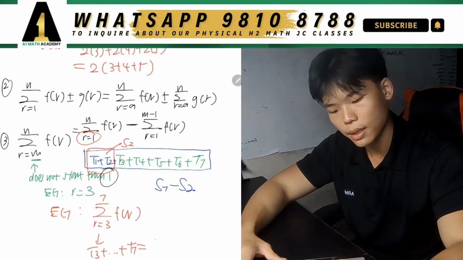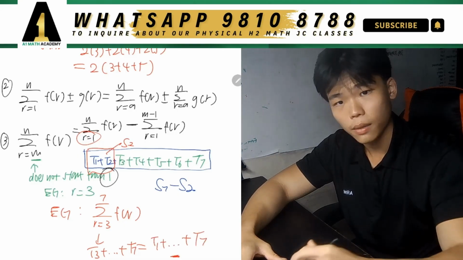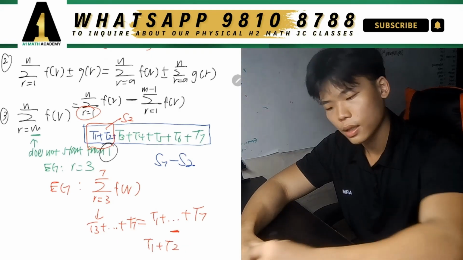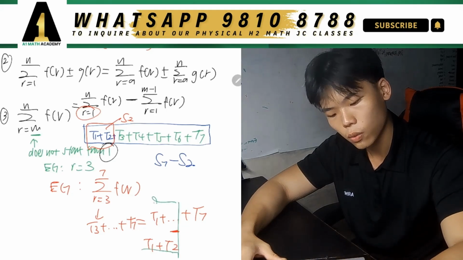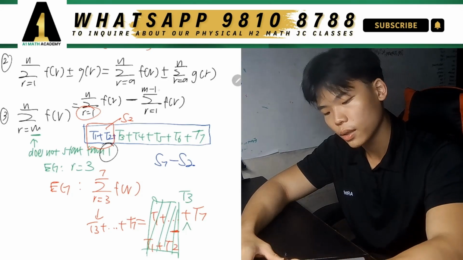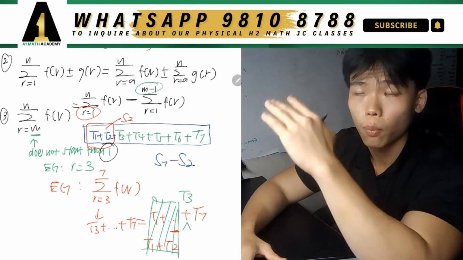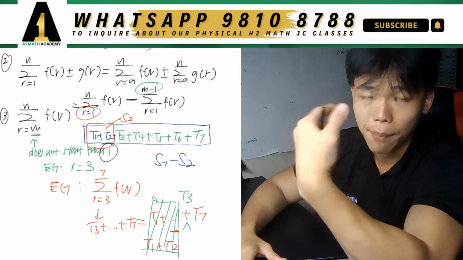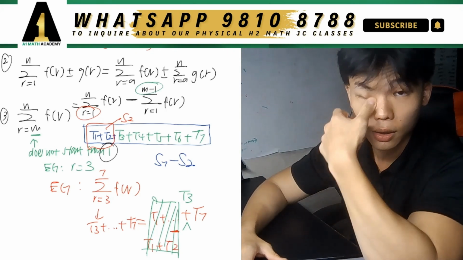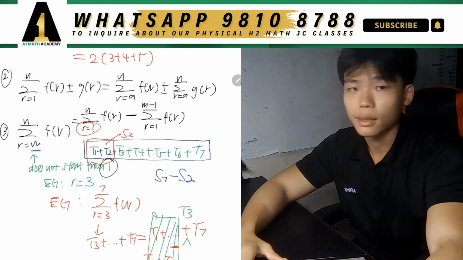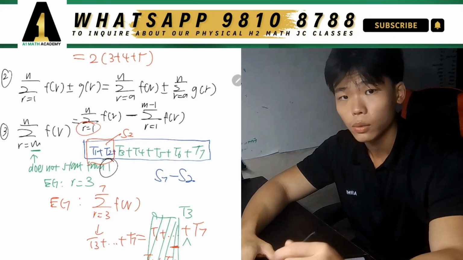So it will be the same as taking t1 all the way until t7 minus away t1 plus t2, because I want to cut away t1 and t2, then what's left is from t3 onwards. So over here, we will take m minus 1 because we want to minus away until the term right before m, because we still want m inside the whole computation. So it will be m minus 1 over there. Alright, so this is probably the third most common property that you will encounter in this whole journey of sigma notation.